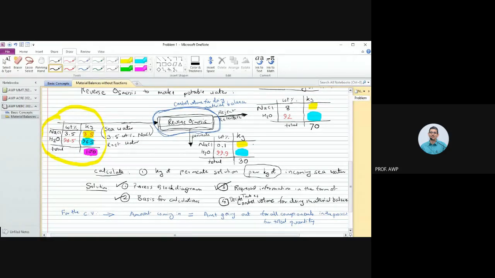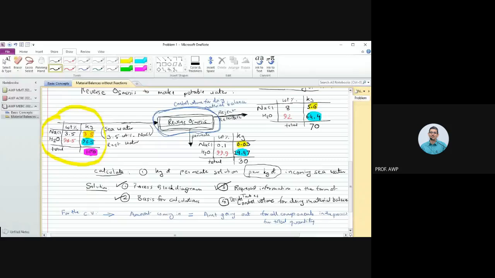So out of this 30 kgs of the permeate, 0.03 kgs would be sodium chloride and 29.97 kgs would be of water. Out of this 70 kgs of retentate, 8% would be sodium chloride. So 5.6 kgs would be sodium chloride and 64.4 kgs would be water.